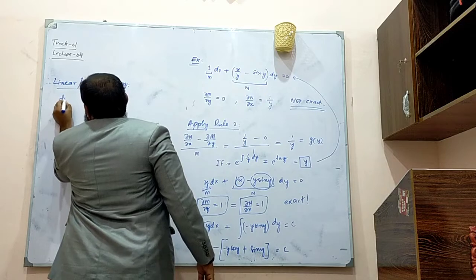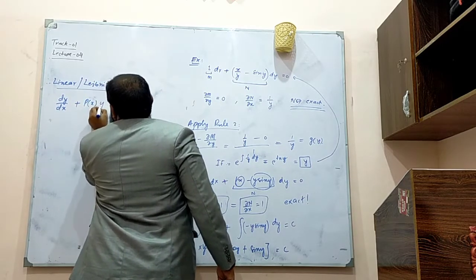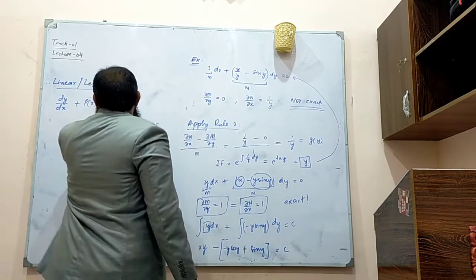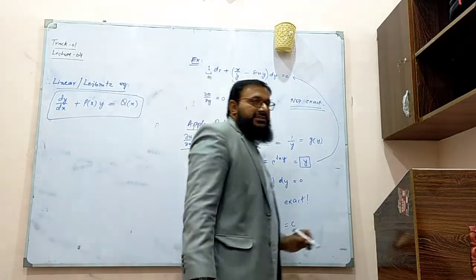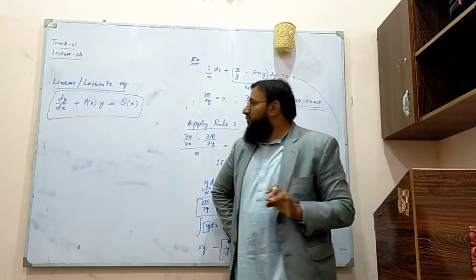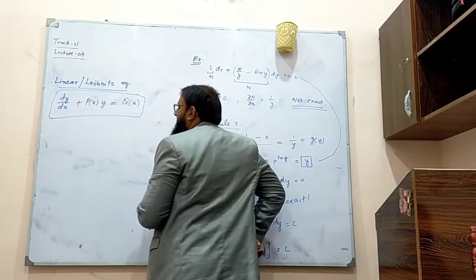That is the equation of this form: dy by dx plus some function of x times y equals some function q of x. We can discuss more about this, but we are just discussing superficially what we should do when we go for an exam. So this should be a function of x explicitly, and this should be a function of x as well.